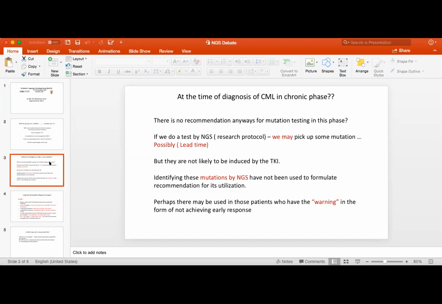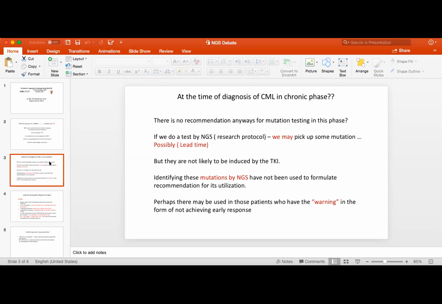So what do we do about using NGS? Should we use it in real time at the time of diagnosis of CML? There is really no recommendation for mutation testing at this phase. If we do test by next generation sequencing, perhaps under a research protocol, we may pick up some mutations, as Manju alluded to. We do see about two to 11 months lead time in picking up a mutation by NGS as against Sanger sequencing.